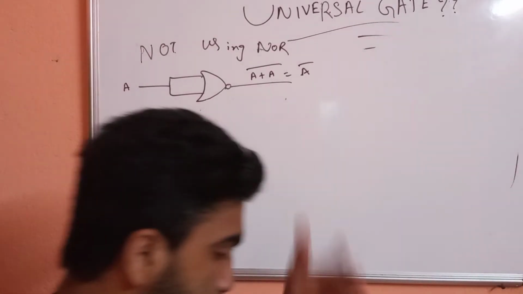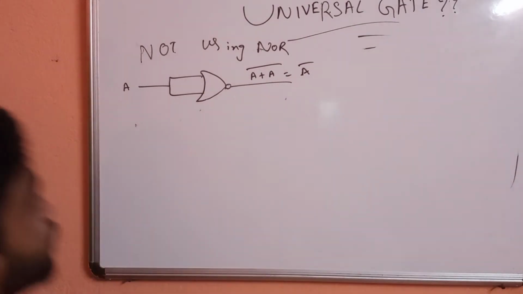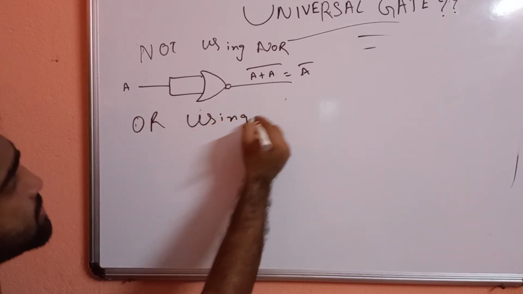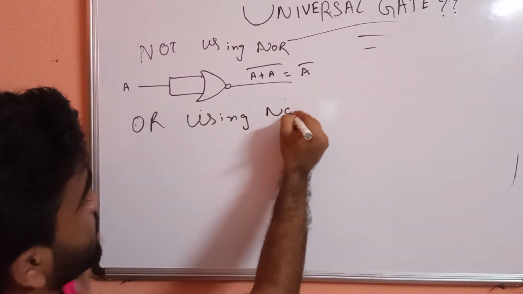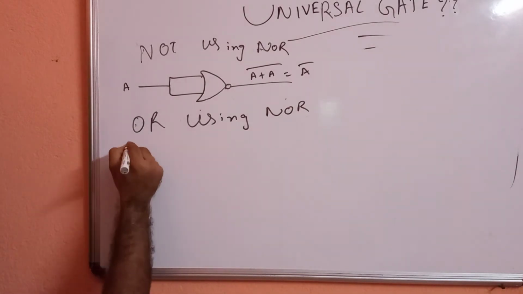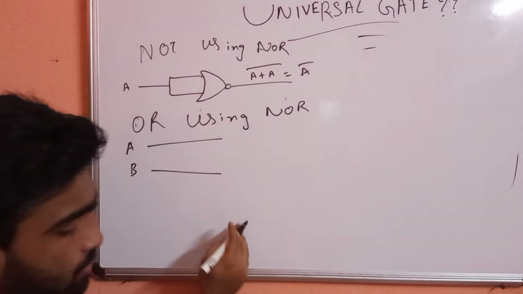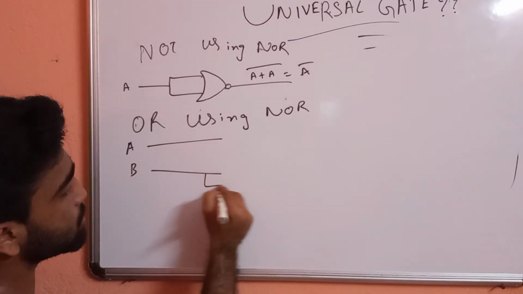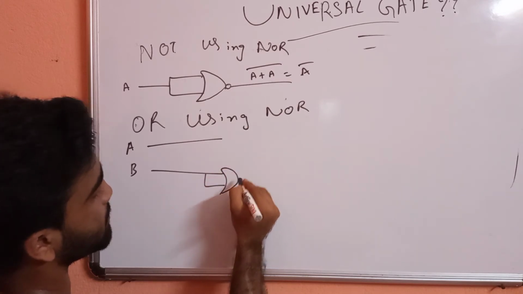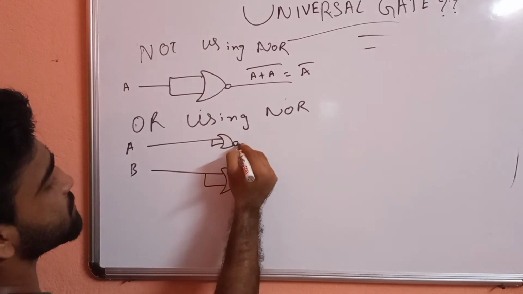Now we'll do OR using NOR. How to do it? First two inputs, one is A input and B input. Now we'll apply NOR gate to the respective inputs.